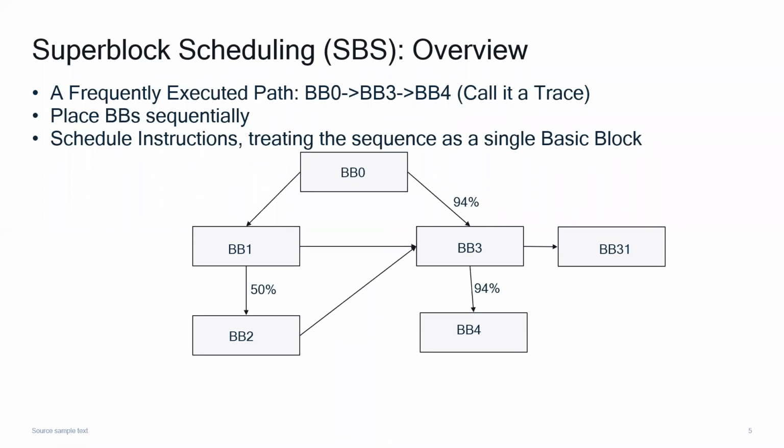For instance, if you take this part of a control flow graph, can you tell me which path is taken very likely? Suppose we start from BB0, where are we likely to go in most cases, more than 90% of cases? BB1 or BB3?